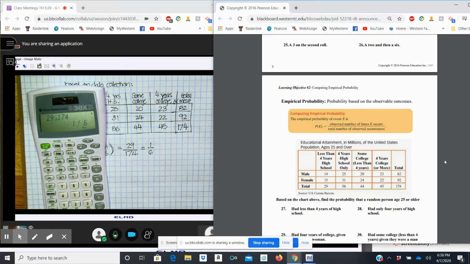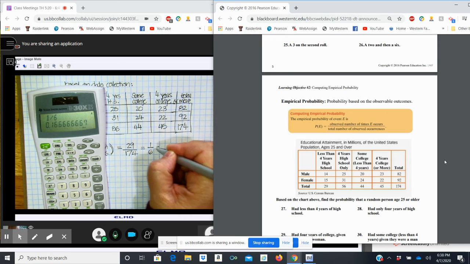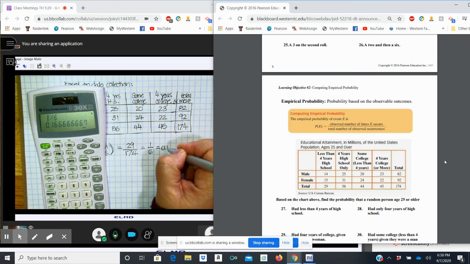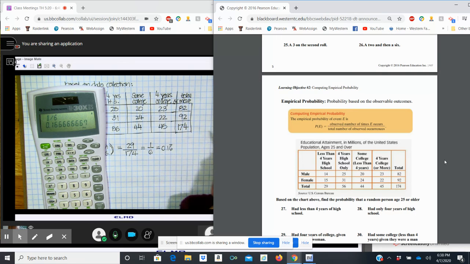I should mention, I'd be remiss if I missed it, this can also be done as a percent or as a decimal. I can do 1 divided by 6. This is the same probability as 0.16 repeating, which is 16.6%.